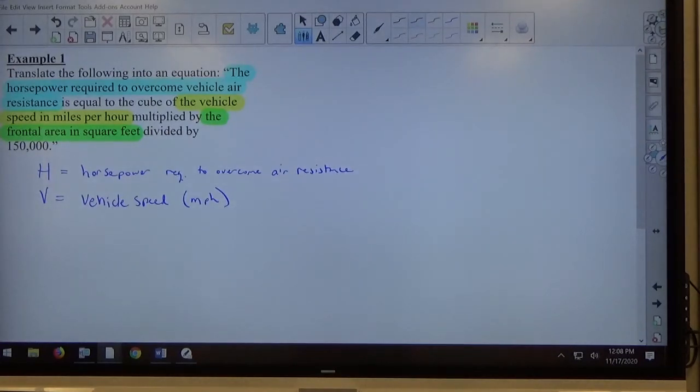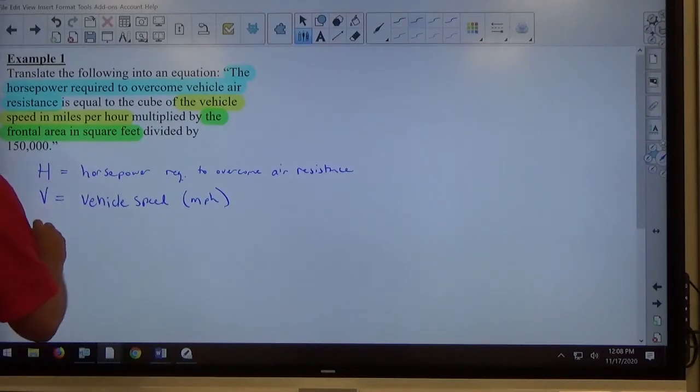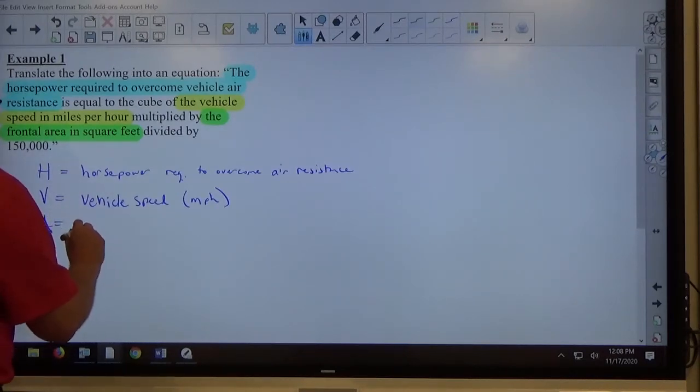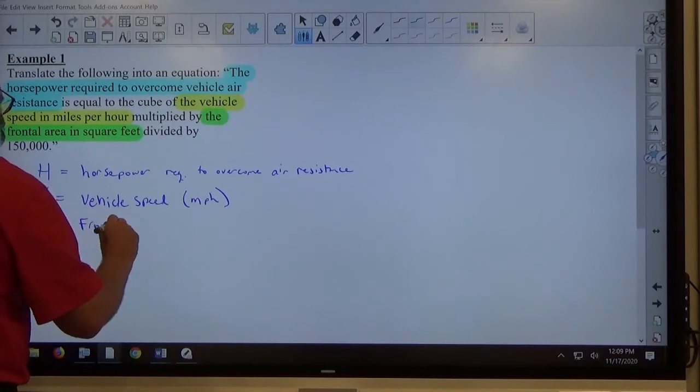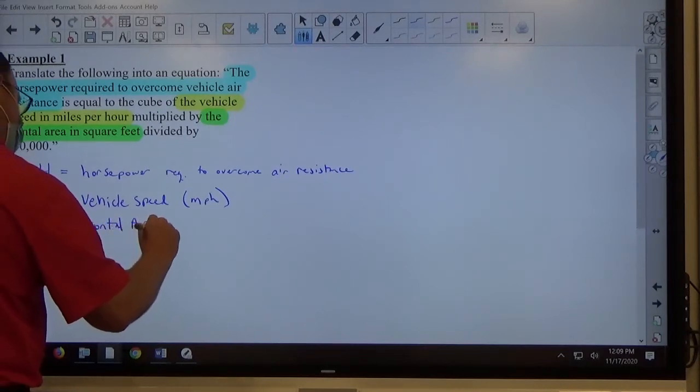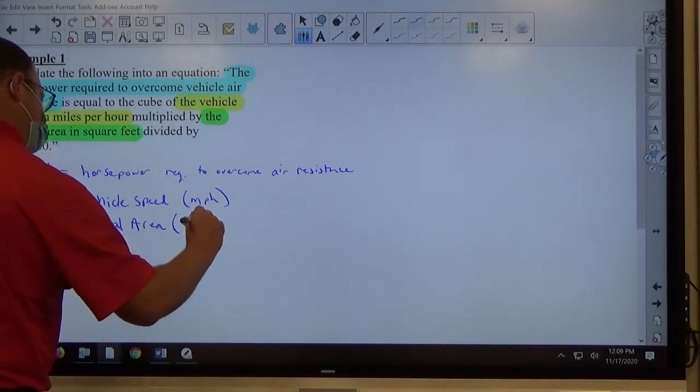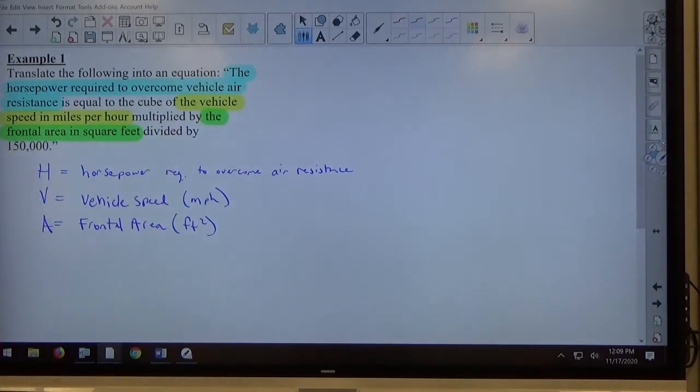And then the frontal area in square feet. Let's say A for frontal area, and that's in square feet. They didn't give us a unit for horsepower, but horsepower should be the unit, probably. That's an actual unit.